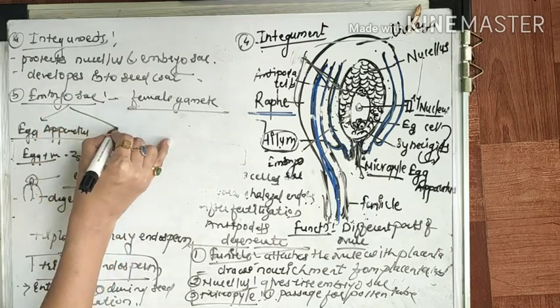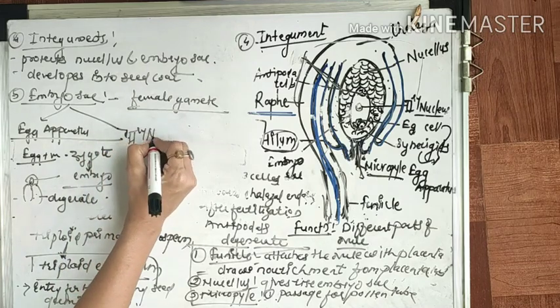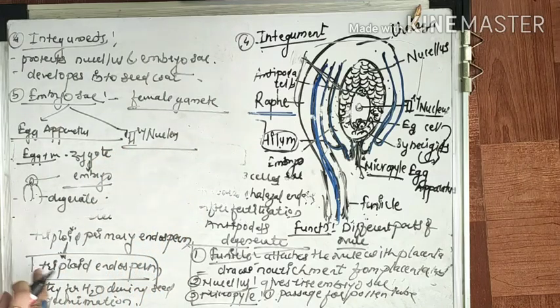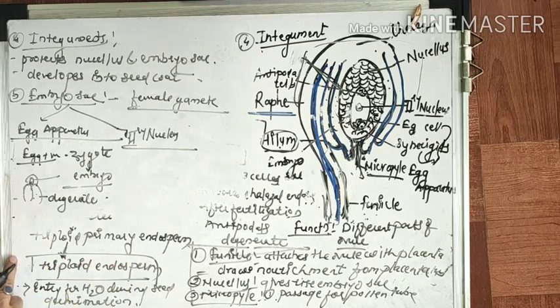Then the second part is called the secondary nucleus. What is its role after fertilization? It is converted into the triploid primary endosperm nucleus, which produces the triploid endosperm.